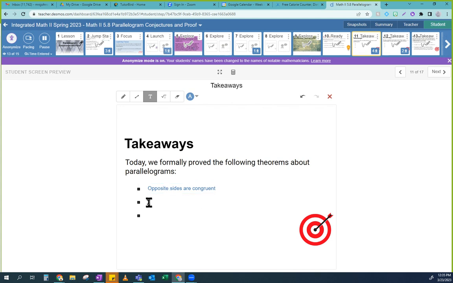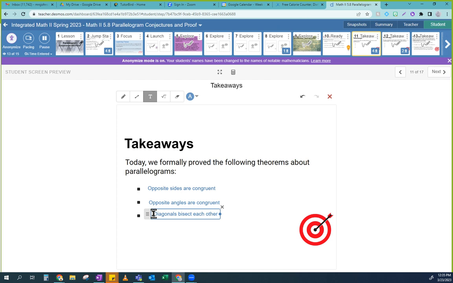The second one we got was opposite angles are congruent. Good. What was the last one? Yes, very good. Diagonals bisect each other.